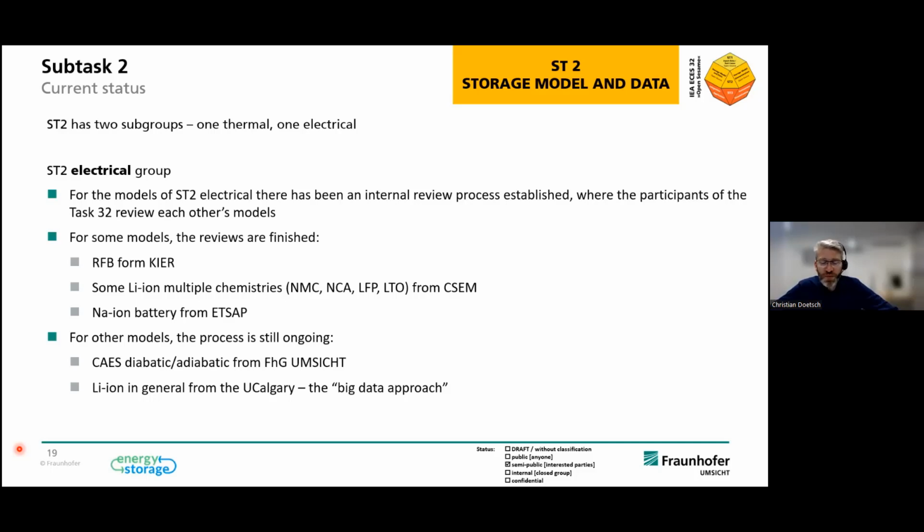That means if you have many, many data sets from existing lithium-ion batteries that are running, when you get all the operating data, then you can also derive from this operating data a model for the storage device. And so this is, I would say, the attempt to qualify this approach, if it is possible to derive a level 2 model from this data set and not from a level 3 or white box model.